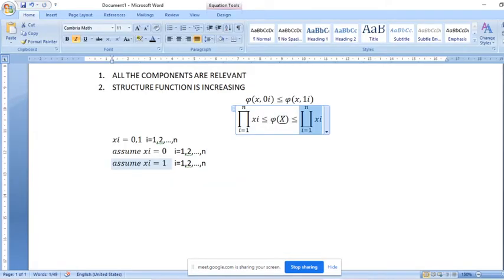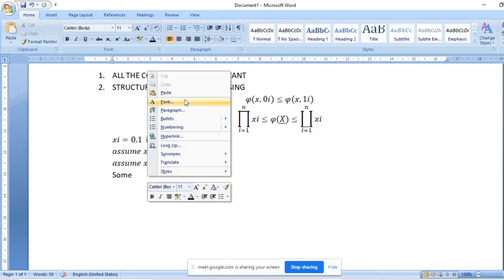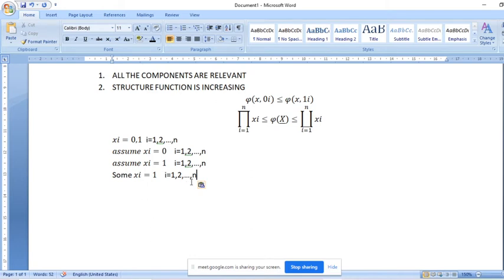So there is no confusion for the left side. Okay, and suppose that some x's are 1, which means some other x's are 0.